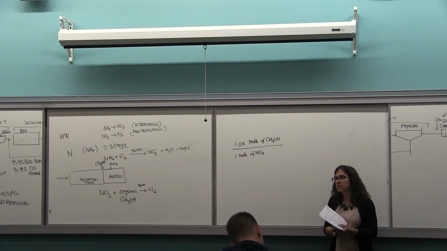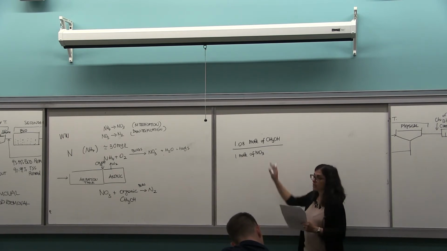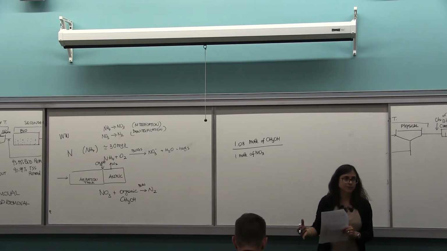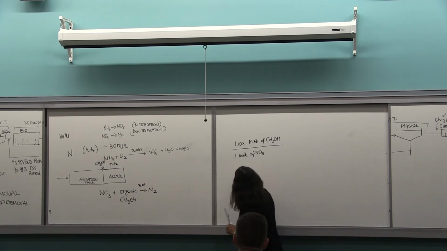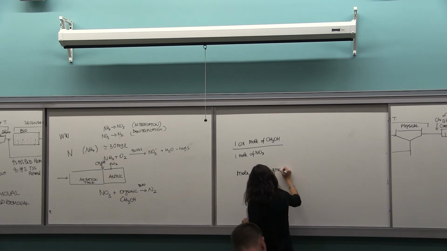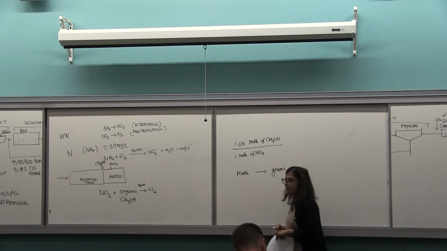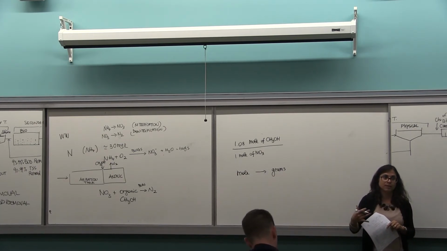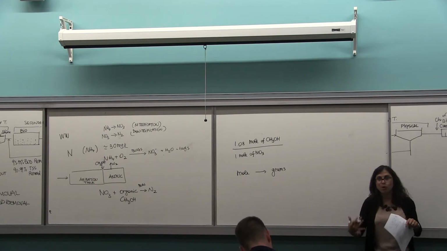But the problem is asking me to find the milligram. How do I go from mole to gram? Well, we need to use molecular weight, right? The molecular weight gives us that gram per mole.